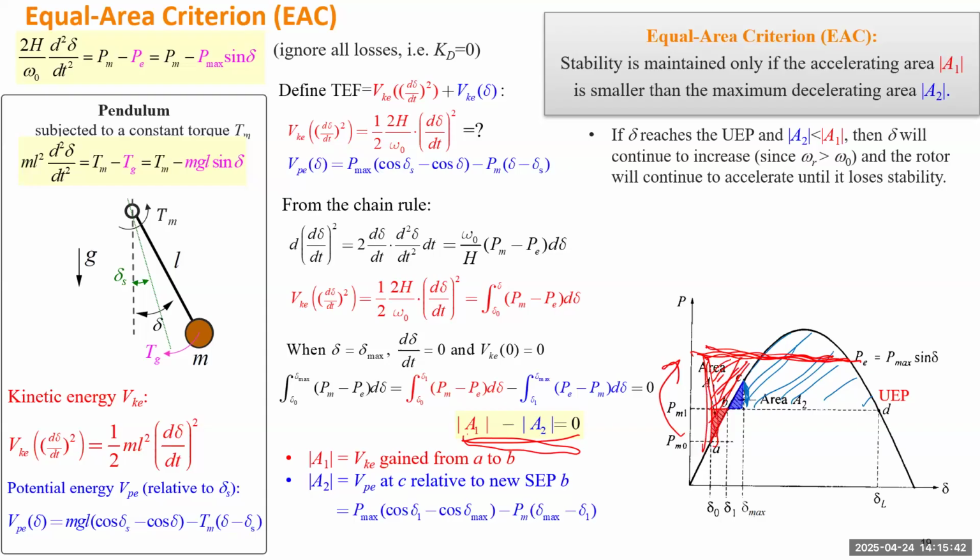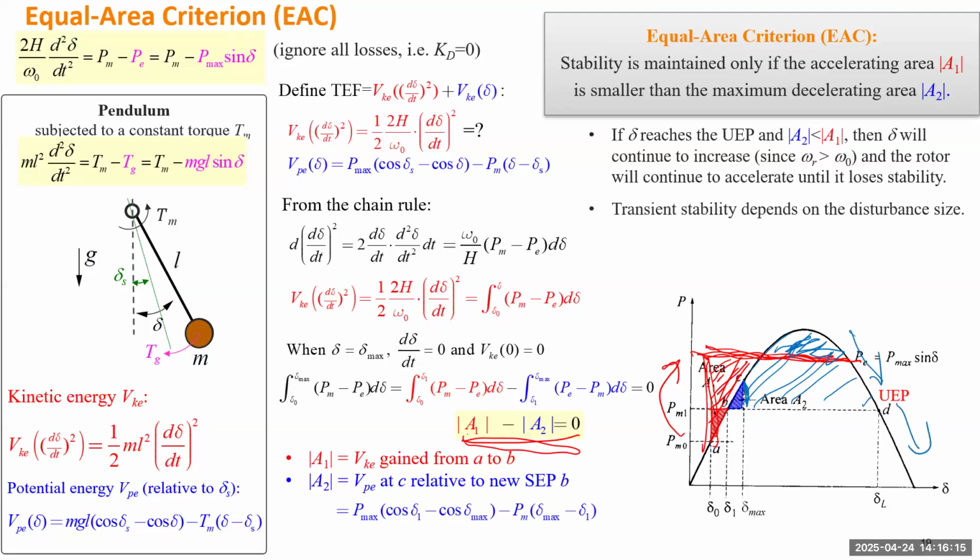And the new decelerating area will be this smaller area. If that smaller area is less than the red area, the system will be unstable because it doesn't give you enough energy to decelerate, which means after the disturbance, the system gains a total energy that is too large. It doesn't have enough potential energy for the ball to slow down. And so once it reaches the edge, it will continue to move and become unstable.